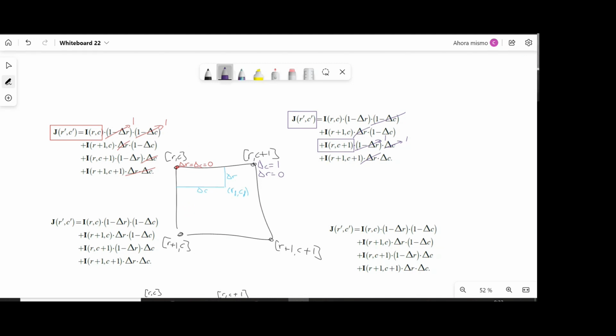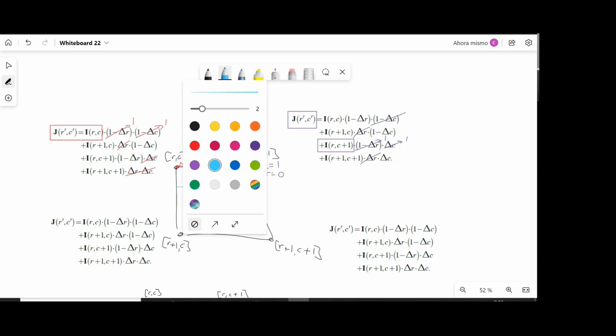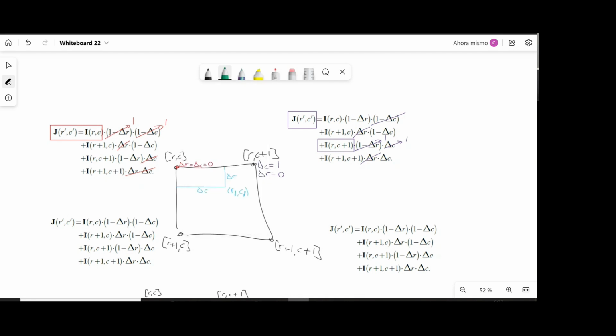Let's look at another one, the last one. This color. Then here we have delta R equal delta C equal 1. So that means that these terms go because delta R and delta C are 1, and then these terms are 0.